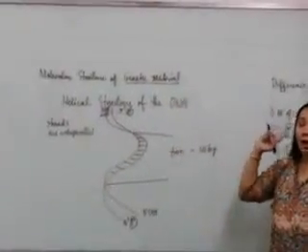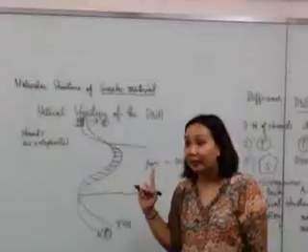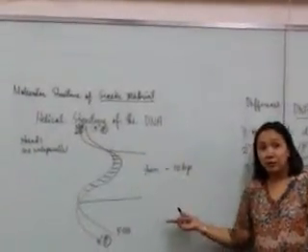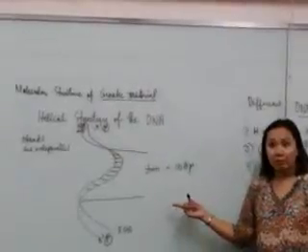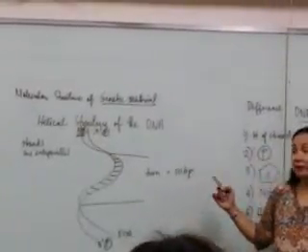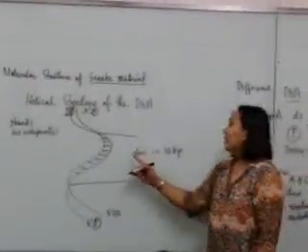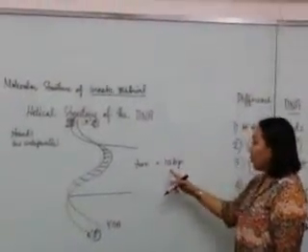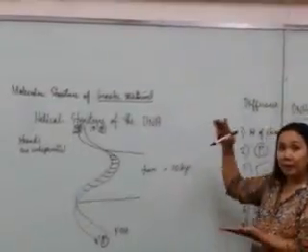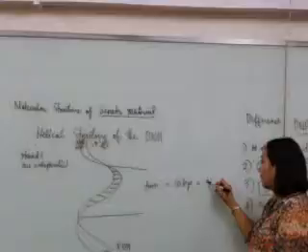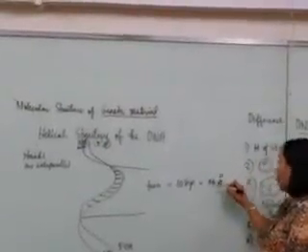Therefore, if I'm going to ask you how many bases do you have in each turn, 20, because they are in pair. Okay, did you get that? This turn is composed of 10 base pairs. Okay, and the length of this 10 base pairs is equivalent to 34 angstrom.